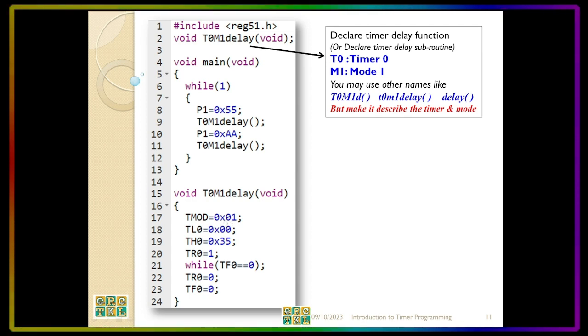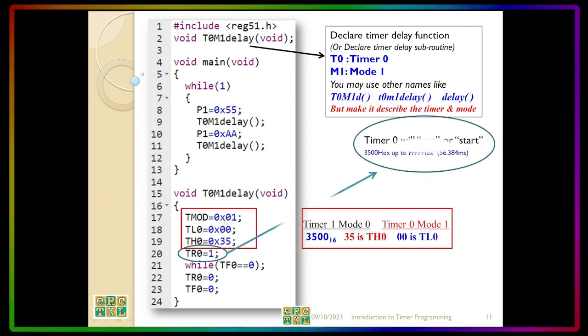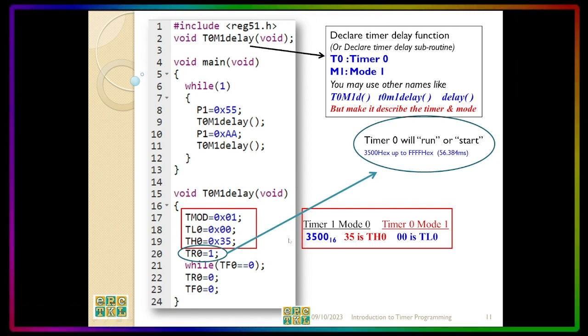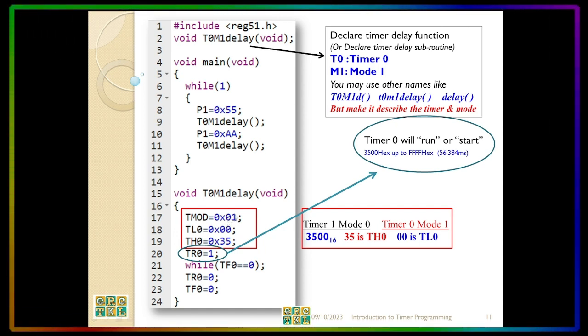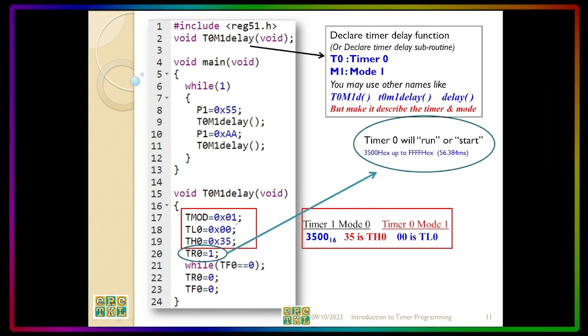So for TMOD equals 0x01, we are trying to use timer 1 in mode 0, or you can also use timer 0 in mode 1, which is discussed before. This represents mode 0 and this represents mode 1. So this is timer 1 mode 0 and this is timer 0 mode 1. But of course, we will be using timer 0 mode 1.